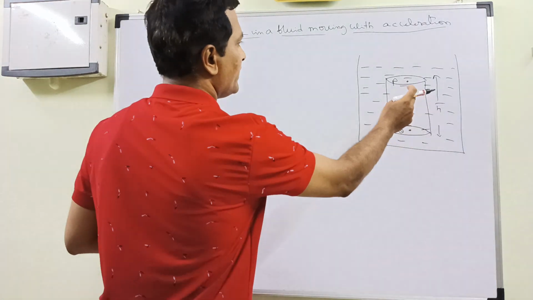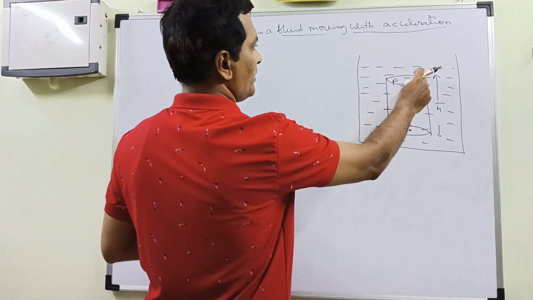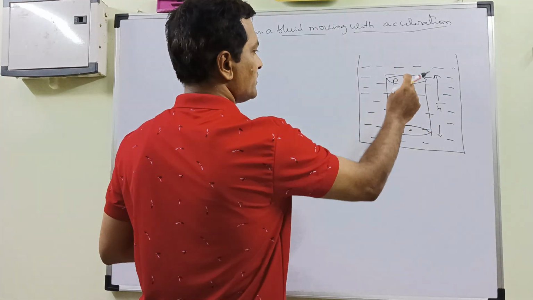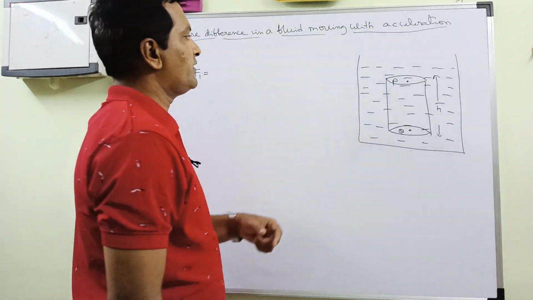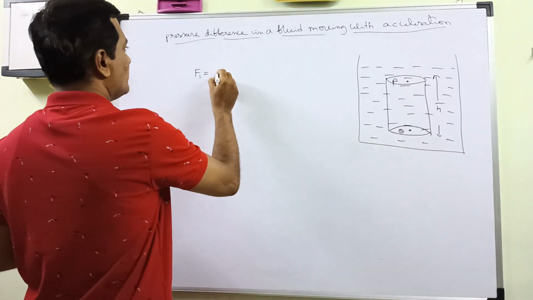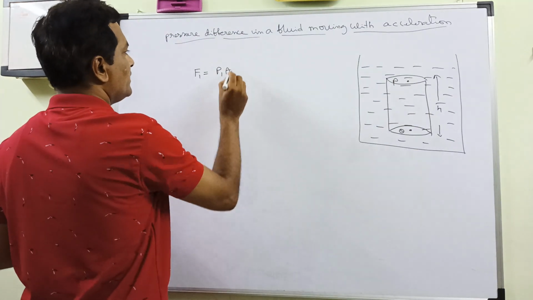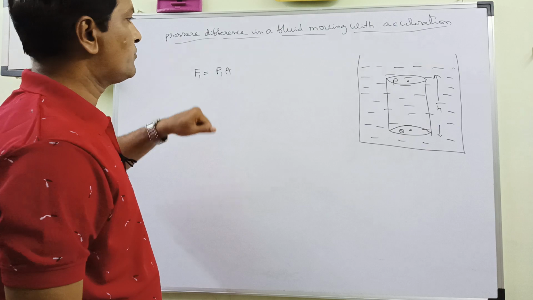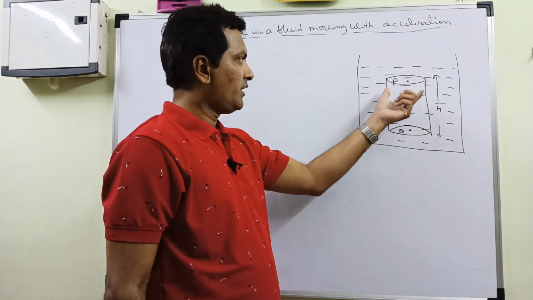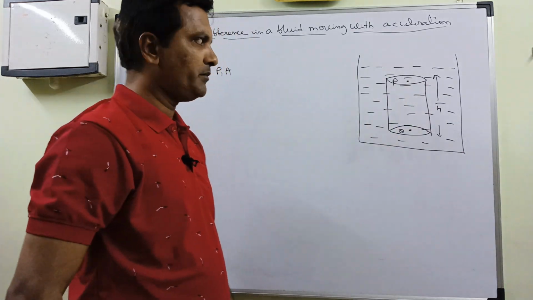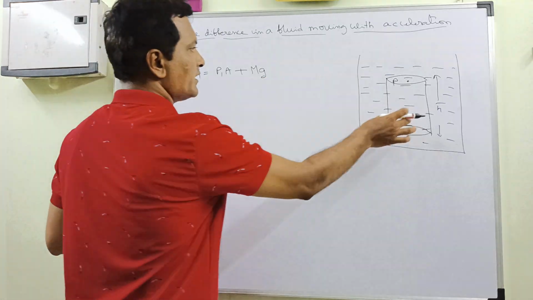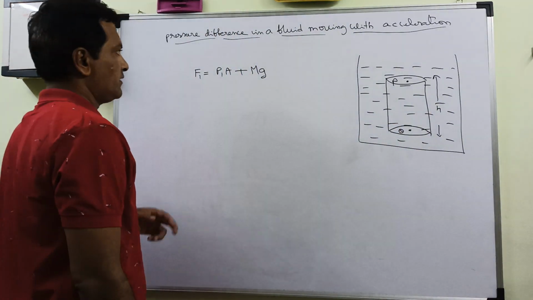We know that the area of cross section of the upper surface and the lower surface is A. Both surfaces have an equal surface area A. So the force acting at P is P1A. Apart from this force, the other force acting on the surface is the weight, mg, of the fluid contained in this cylinder.